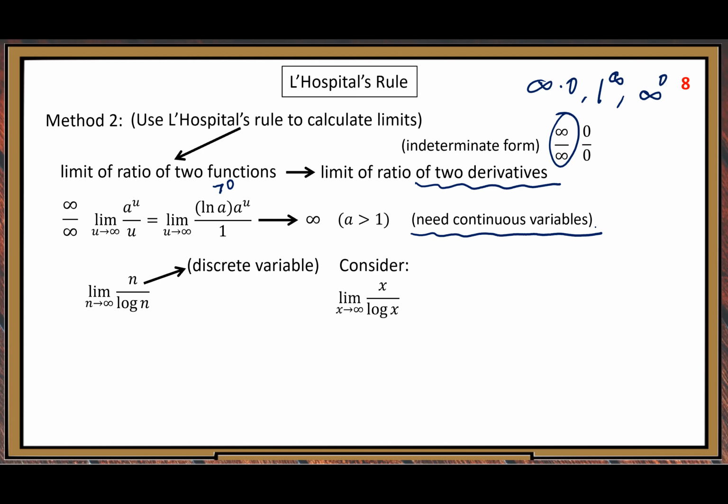But the good thing is you can take derivatives. Because we use continuous variables, we are allowed to take derivatives. Derivatives are well defined. For discrete variables, the derivative is undefined. You cannot define derivatives.